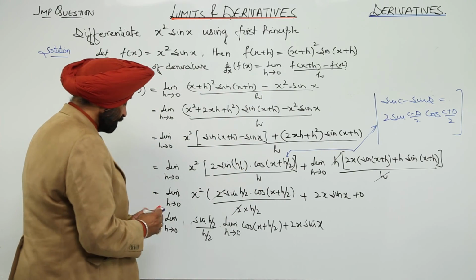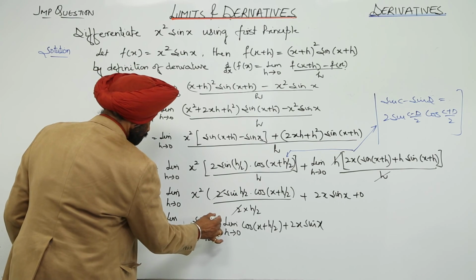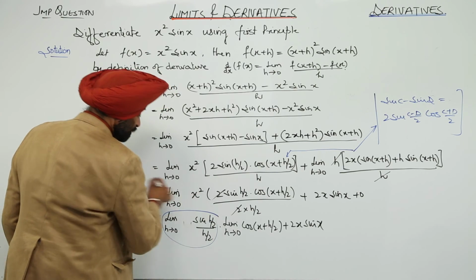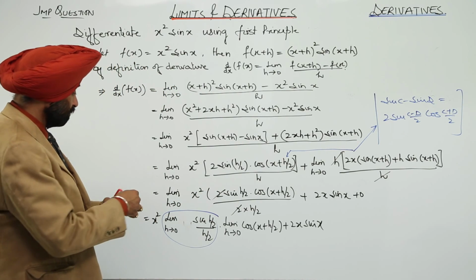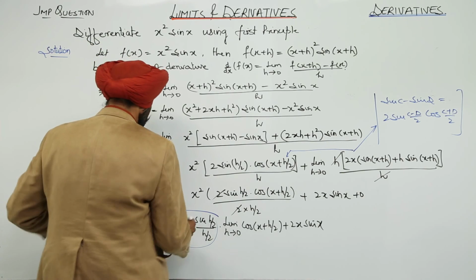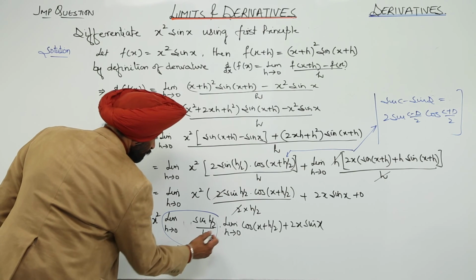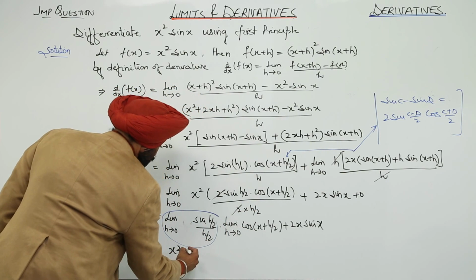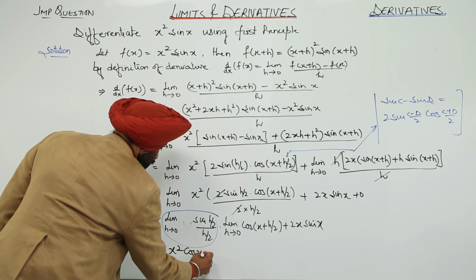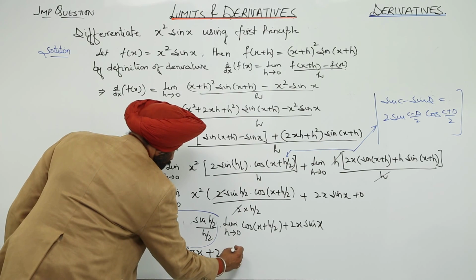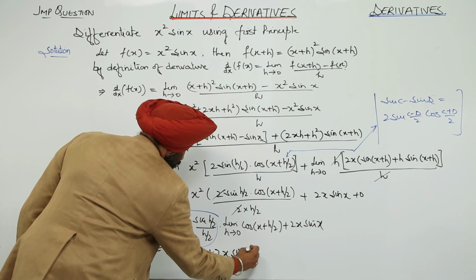Now, this becomes 1, this becomes 1, okay. So, we are left with x square, now here cos x plus 2x sin x.